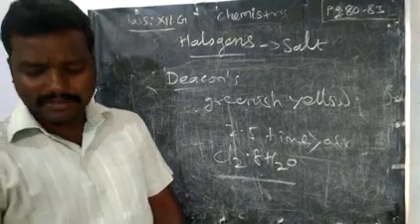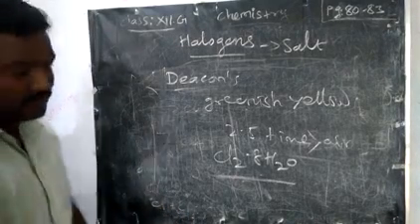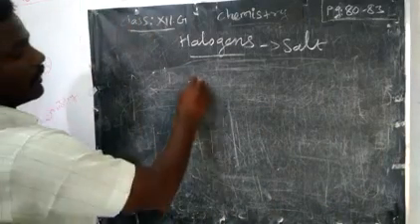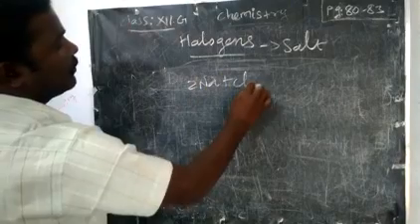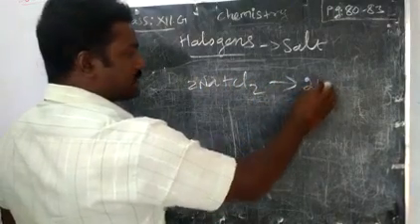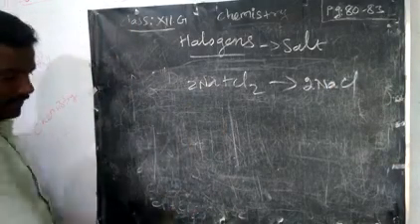At least we will see with metals and non-metals alone. First, sodium with chlorine. Everyone can write. What will be the product? 2 NaCl. Na plus Cl, NaCl.